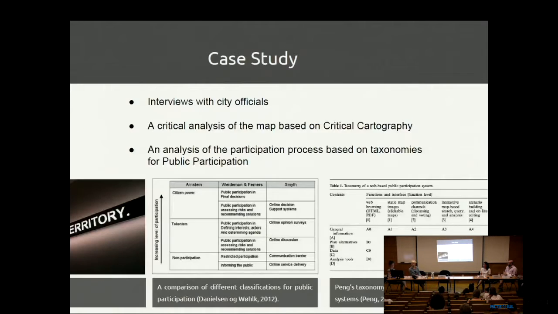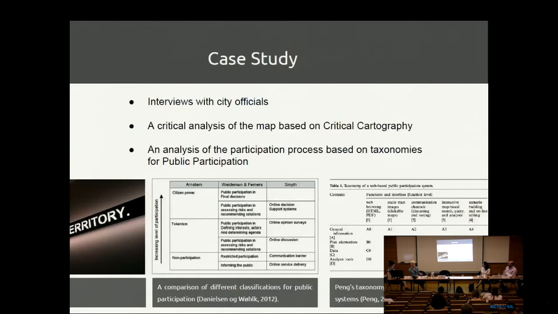Yeah. So our method: what we wanted to look into was how GIS-based public participation was used in this case, and from here look at some of the potentials but also problematics that this method can give rise to for the planning practice.